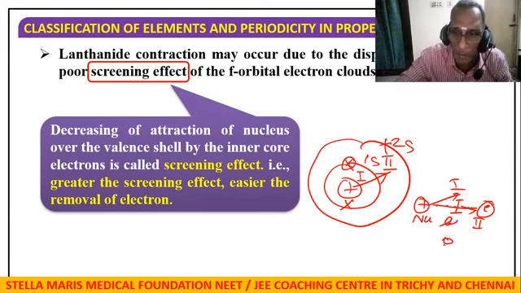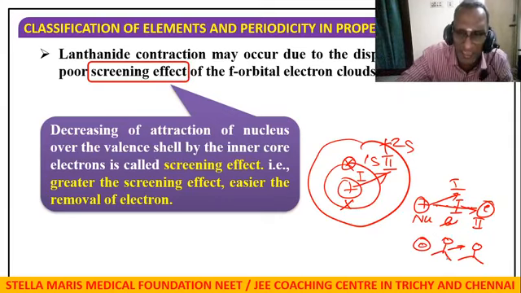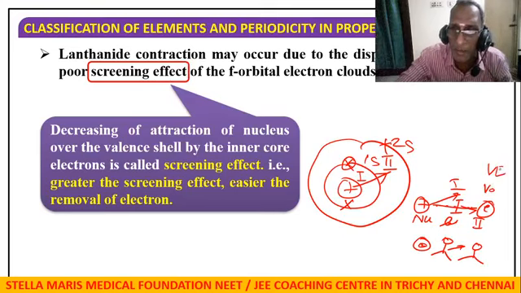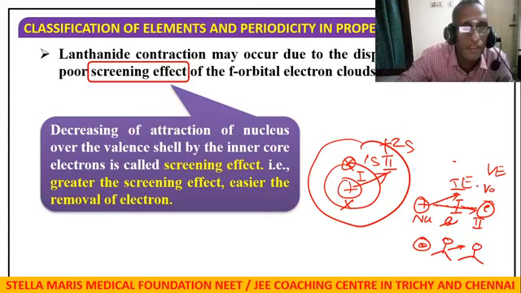If somebody stands before us in the gallery, immediately you will be annoyed and tempted to move him out, because he screens you from the target. Here also this electron screens the valence shell electron. Valence shell electrons are screened by the inner shell electrons. So this is called screening effect.